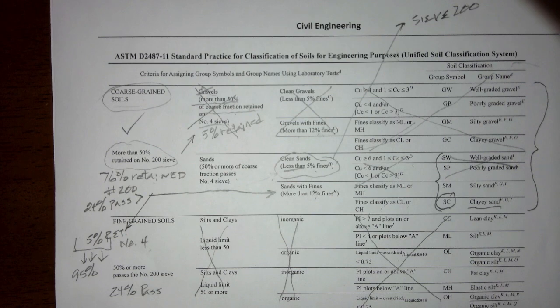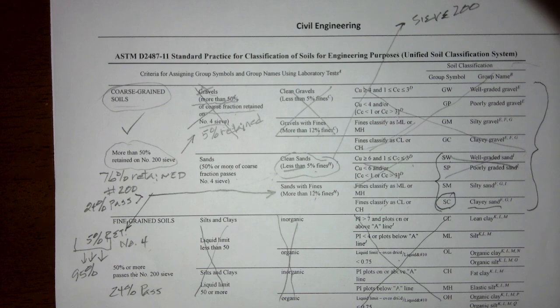Well, the number 4 sieve, I don't know if I have it on here where I used it. This is it right here. So see, 95% passed the number 4 sieve, but again, up here it says if you have more than 50% of the coarse fraction retained, you have a gravel.